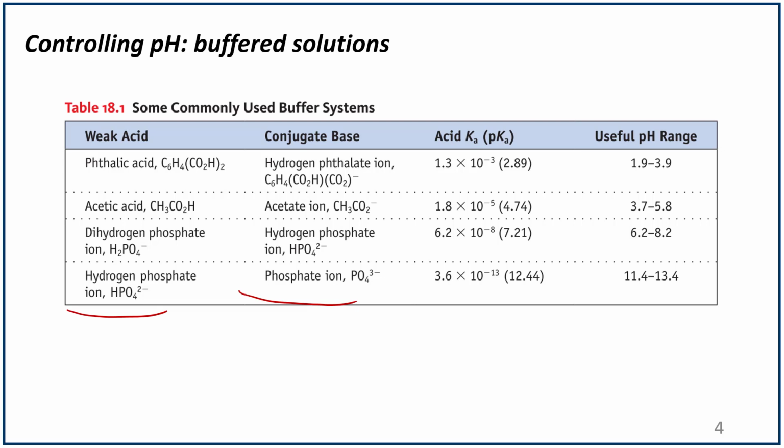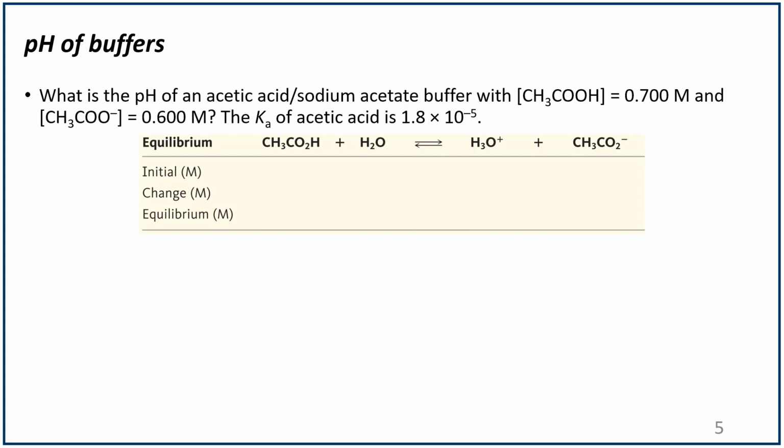Now, that buffer can actually be helpful in maintaining a reaction at a pH of 11.4 to 13.4. So it's appropriate to choose the correct buffer when you're trying to maintain the pH of a reaction. All right, so we will discuss this when we talk about it in lecture.